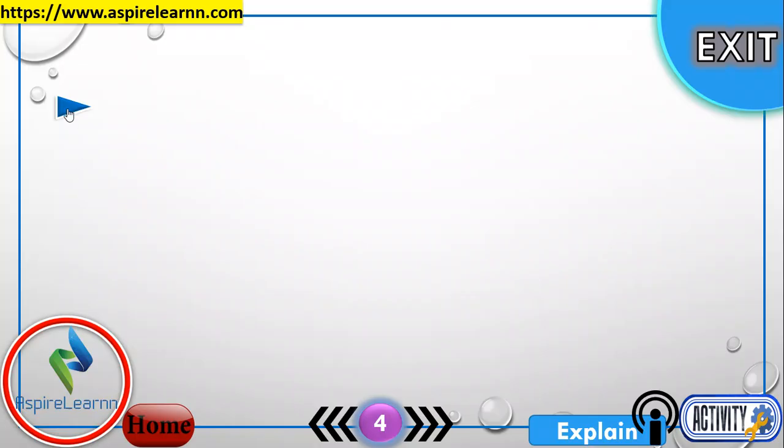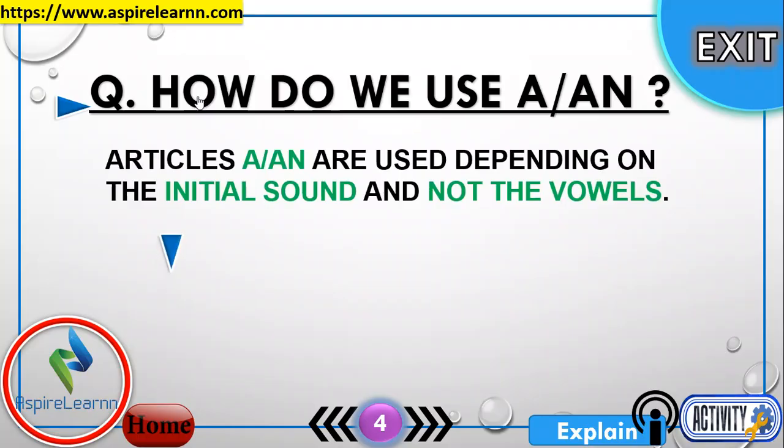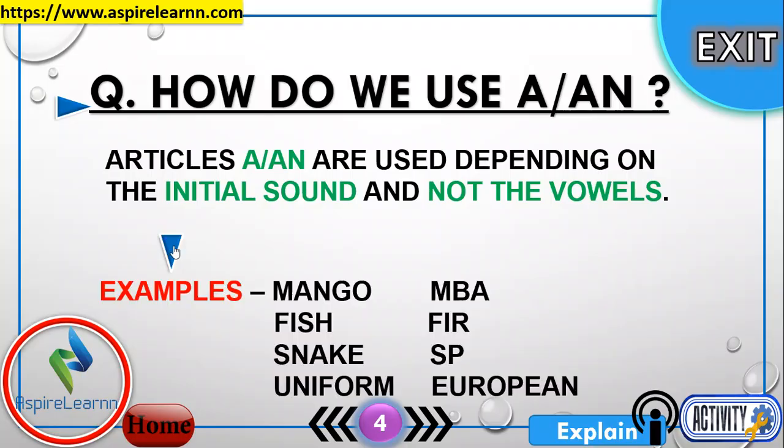This explains the correct use of a and an, emphasizing that the choice depends on initial sound rather than the written vowel. Key rule: a is used before words that start with a consonant sound. An is used before words that start with a vowel sound, even if the first letter is a consonant.